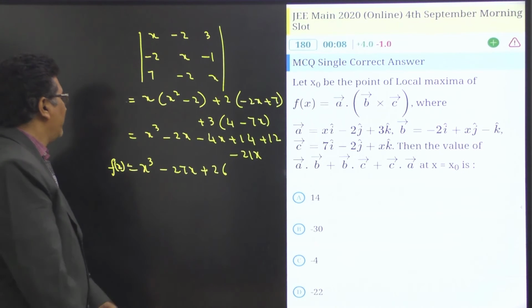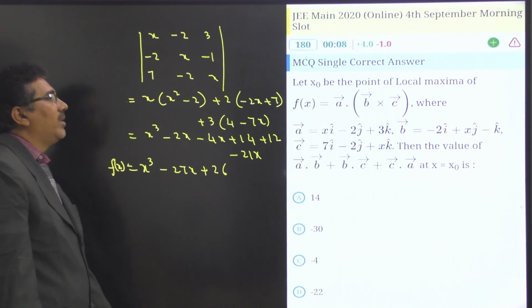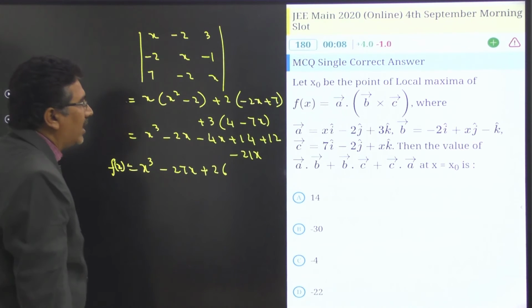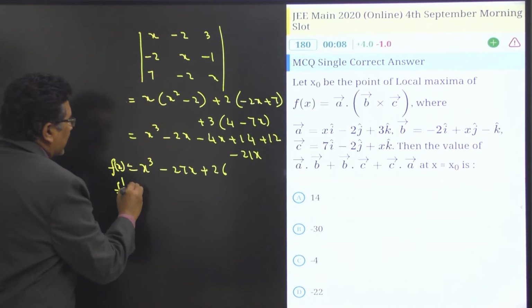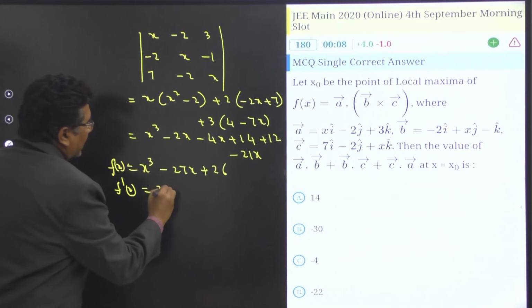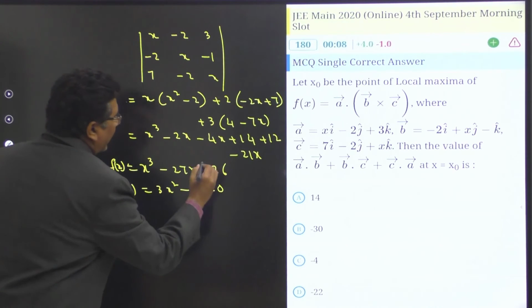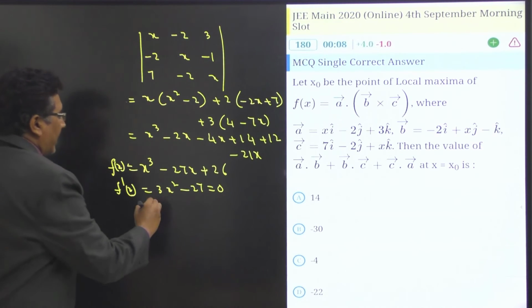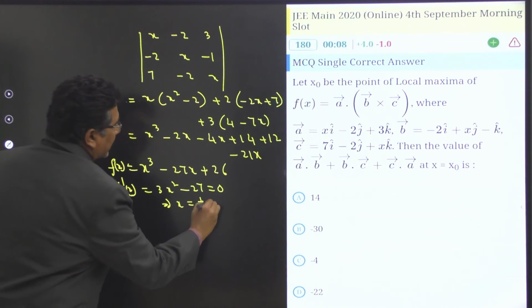Now for getting maximum or minimum, f dash of x is equal to 0. f dash of x is equal to 3x square minus 27, that is equal to 0. That implies x equal to plus or minus 3.